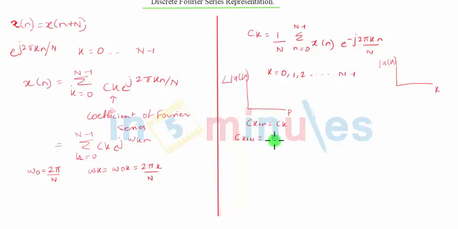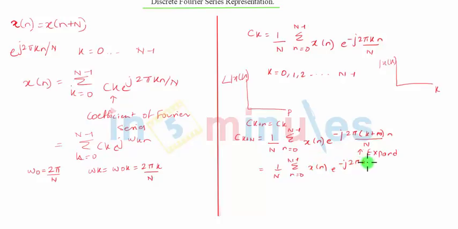That is equal to 1 by N sigma n is equal to 0 to N minus 1 x of n e raised to minus j 2 pi k plus N upon N, that is capital N upon small n. Now we expand this term and we get 1 by N sigma n is equal to 0 to N minus 1 x of n e raised to minus j 2 pi k n by N and e raised to minus j 2 pi n.